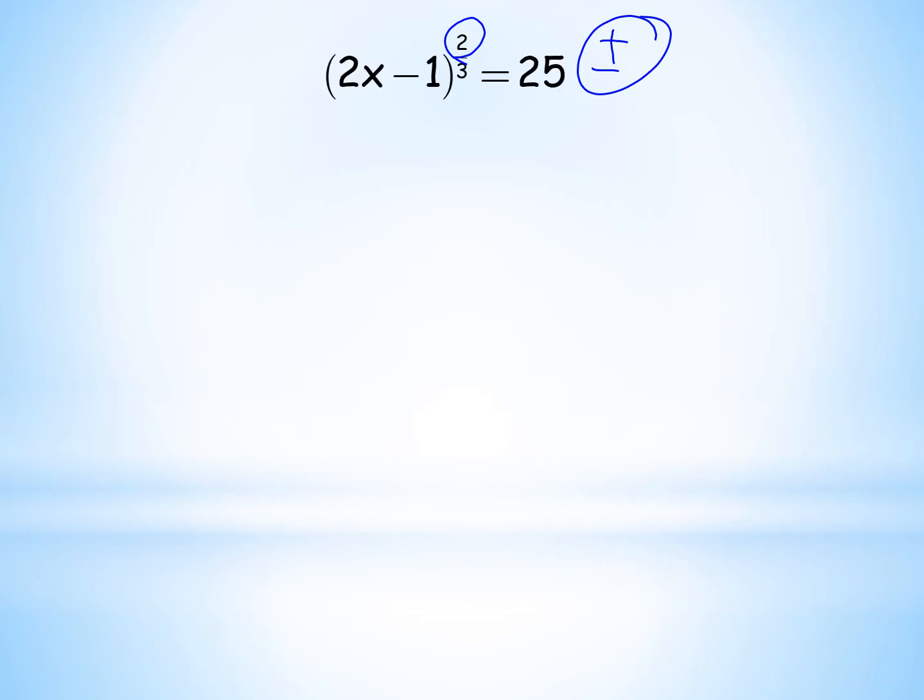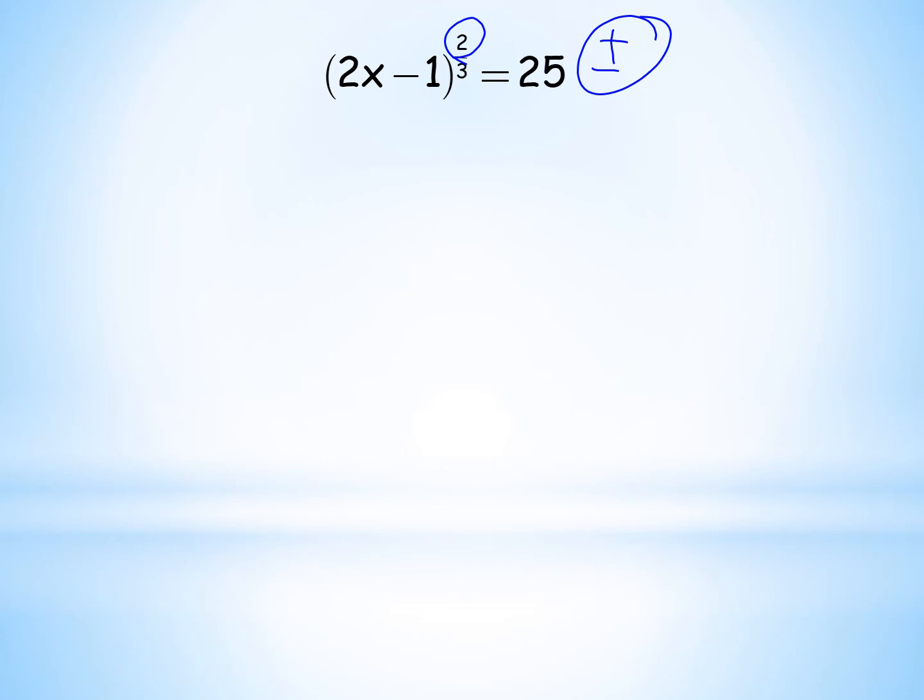So now we have something a little different here. So we have (2x minus 1), and we're raising it to the 2/3 power. So now you notice that there is a 2 in the numerator. You know that when you flip that, you are going to have a 2 in the denominator, which means you're actually square rooting this.